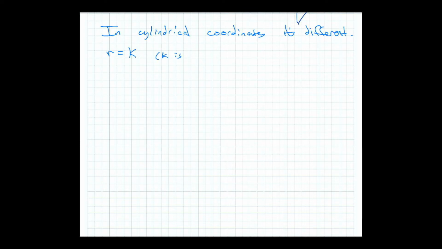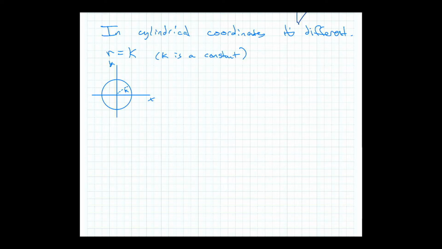K is a constant. Well, if you think about it in the 2D plane, x and y, r equals a constant gives you a circle, right? The radius of a circle is constant here. That would be k. So you get that in a 2D plane, x and y.